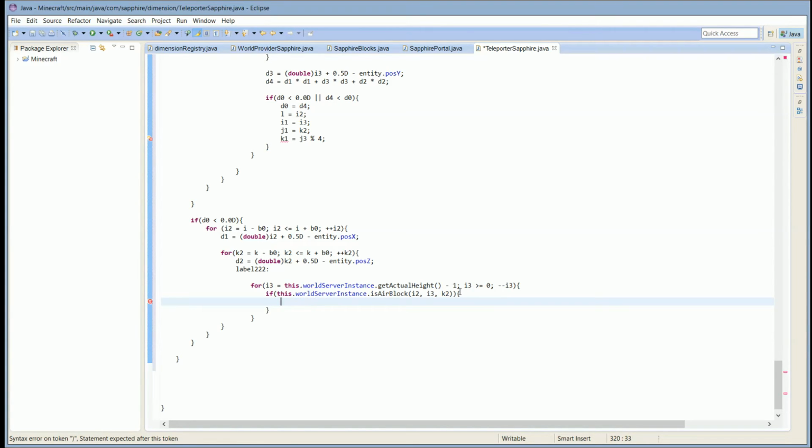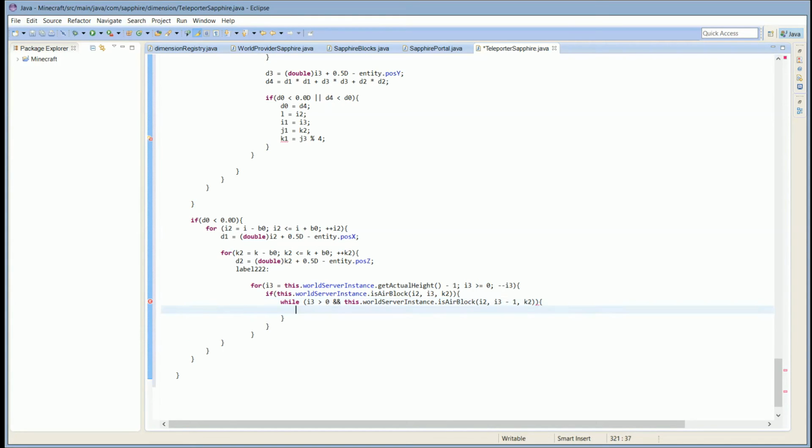Not if, I should say while I3 is greater than 0 and this dot world server instance dot is error block I2, I3 minus 1, and K2, then don't continue with I3.